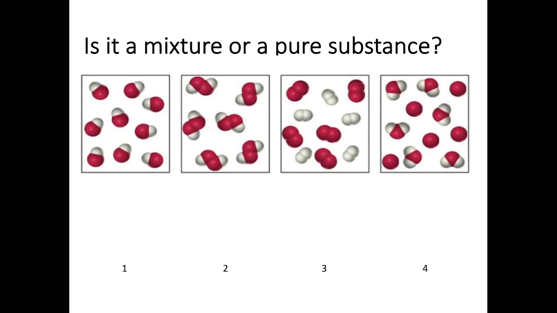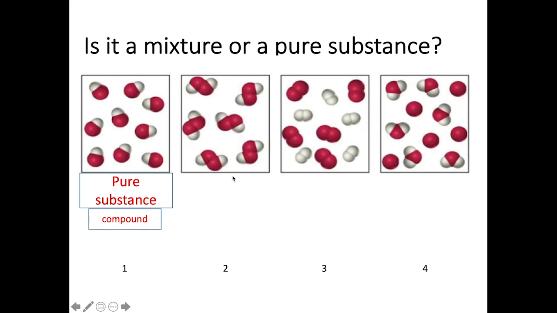Okay, so the first one is a pure substance. Is it an element or is it a compound? It is a compound because we've got these two combinations of particles. It's not the same thing with only one particle. We've got two particles that are attached to one another. So that's a compound.